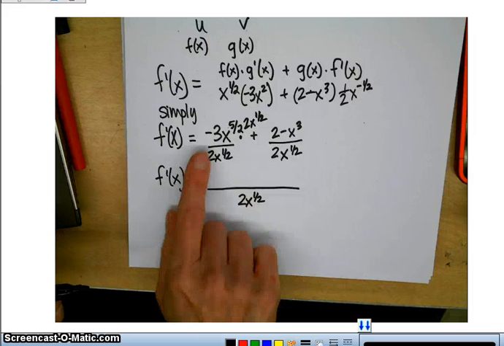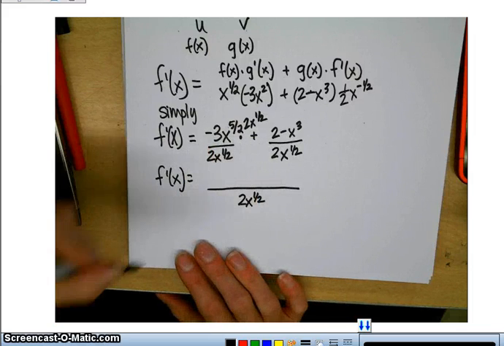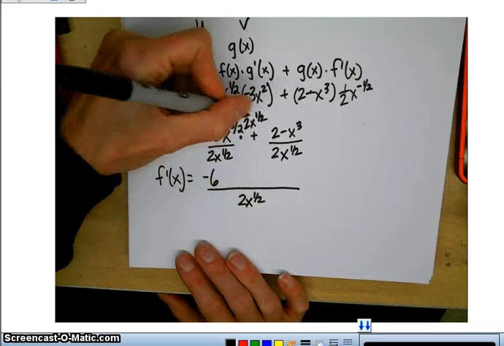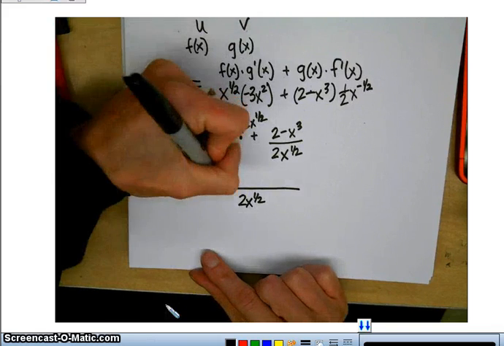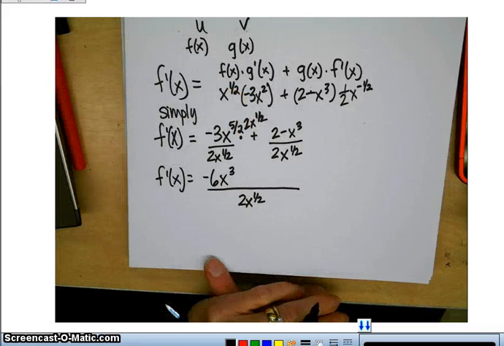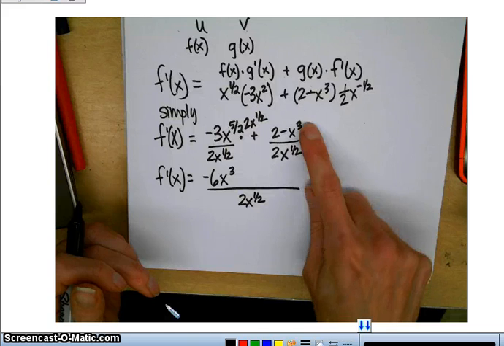Okay, so what is negative 3 times 2? And x to the 5/2 times x to the 1/2. What do you do with exponents when you multiply? Add them. What's 1/2 plus 2.5? 3. Isn't that nice? So this, do I need to multiply it by anything on the top?